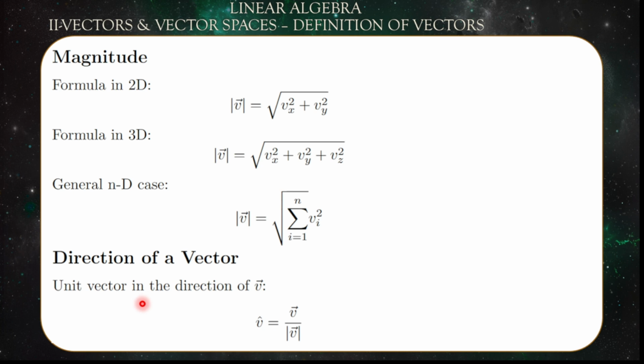Now, the unit vector in the direction of V is given by V hat is equal to V, the vector, divided by what? The size of V. So it is V divided by the size of V.